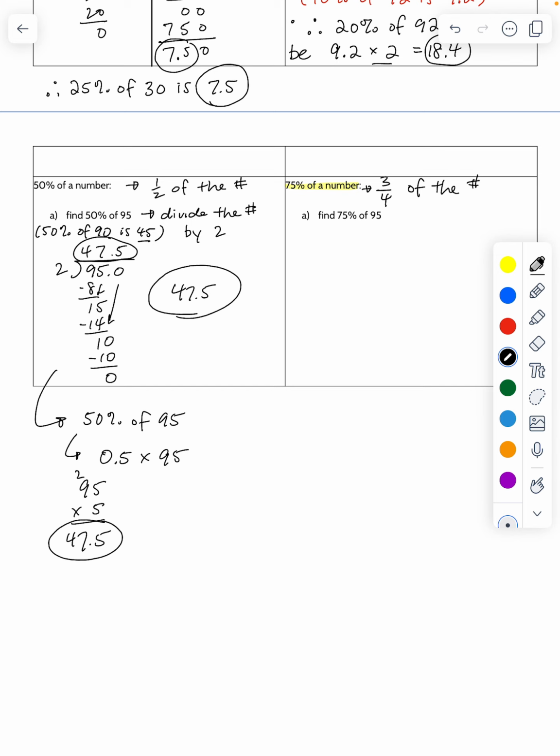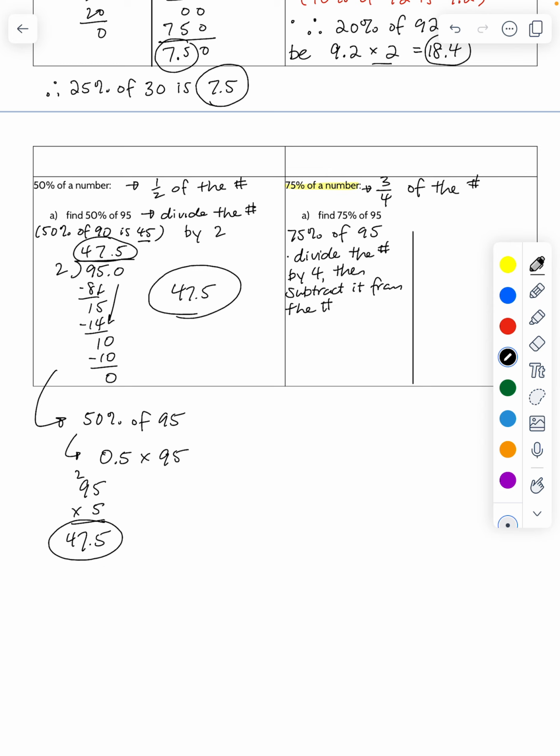What you could do is, okay, I'm just going to divide this in half here because I'm running out of space. When you're taking 75% of 95, you could divide the number by 4, then subtract it from the number.